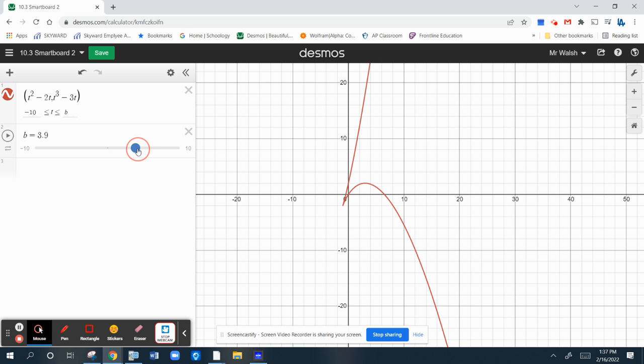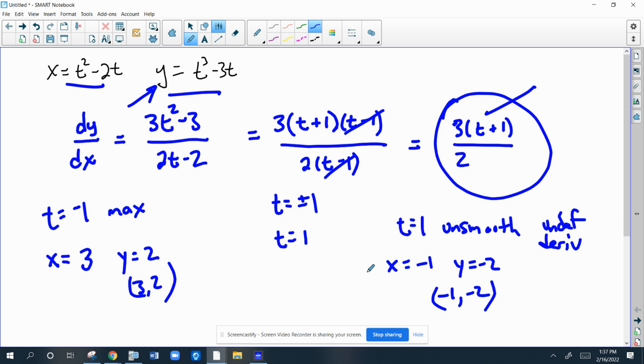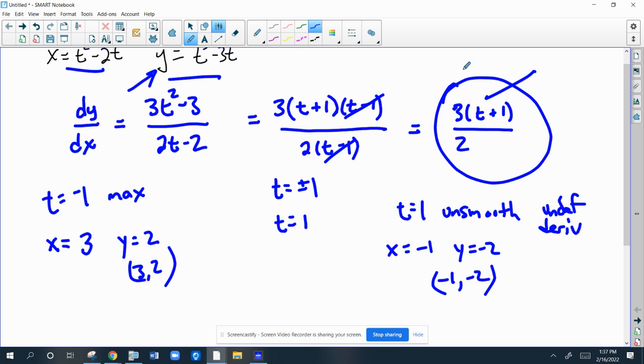That looks like concave up. The second derivative isn't hard to find. You would just take the derivative of this, 3t plus 1 over 2, and put it over 2t minus 1. So that actually is pretty easy. It's 3 over 2 times 2t minus 1.